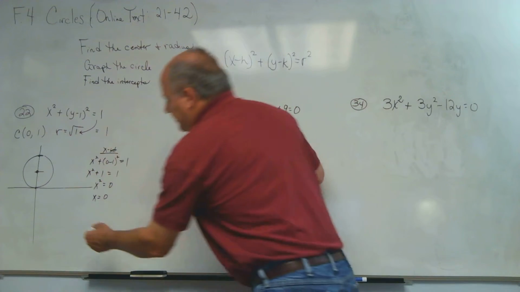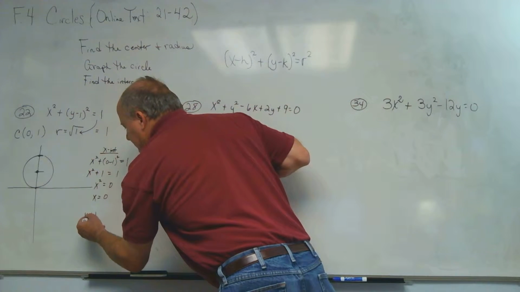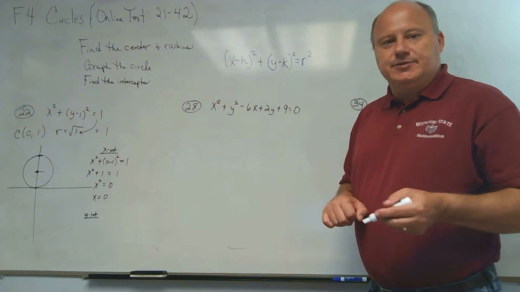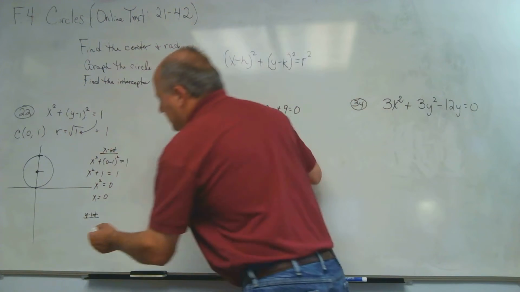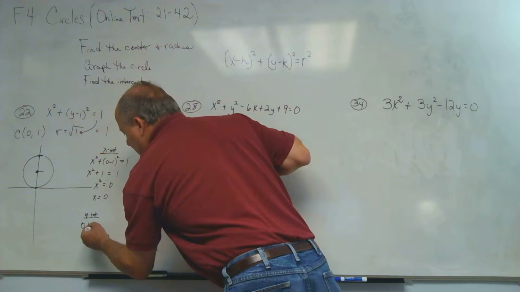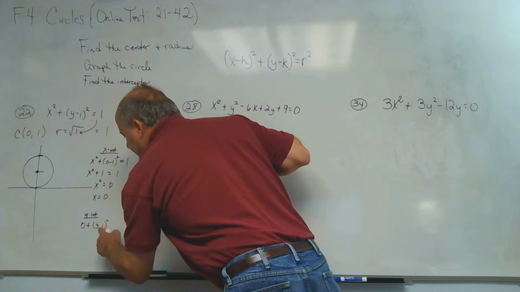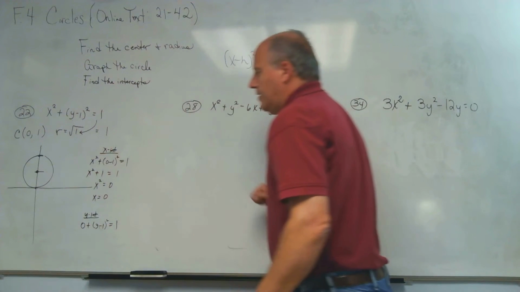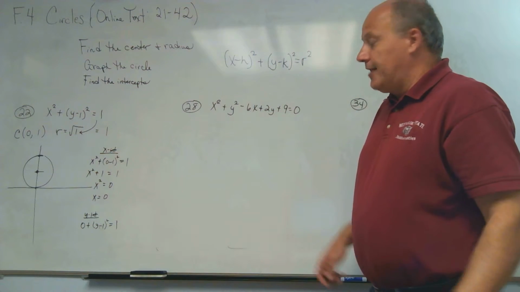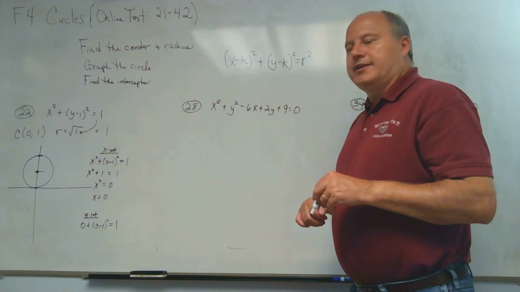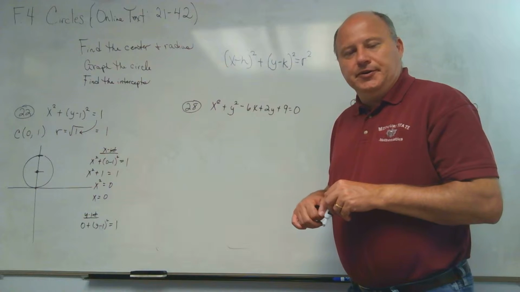Now the y-intercept, you remember that one, you have to set x equal to 0. So 0 plus y minus 1 squared equals 1. And then I could FOIL y minus 1 squared out. But I also could take the square root of it right now, and that's what I'm going to do.